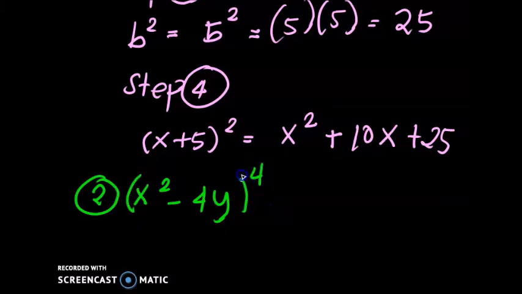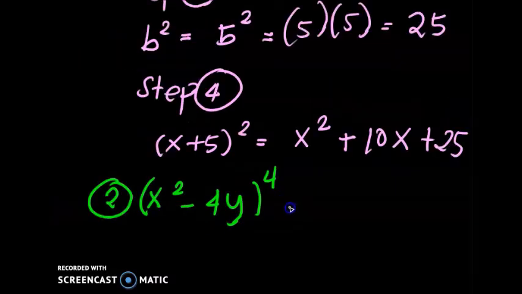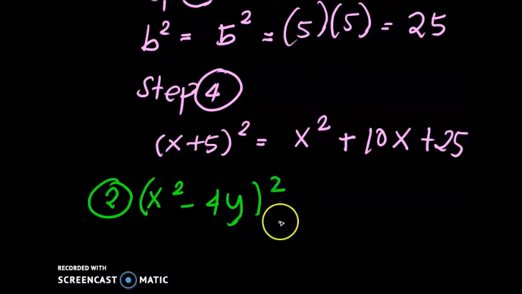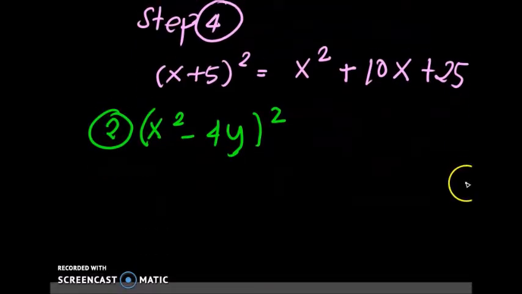Oh no, it should be 2. Again, I forgot, this should be 2. Again, our topic is all about the square of a binomial. So, the same process as a while ago, you have to know what is our a, what is our b, and so on and so forth.